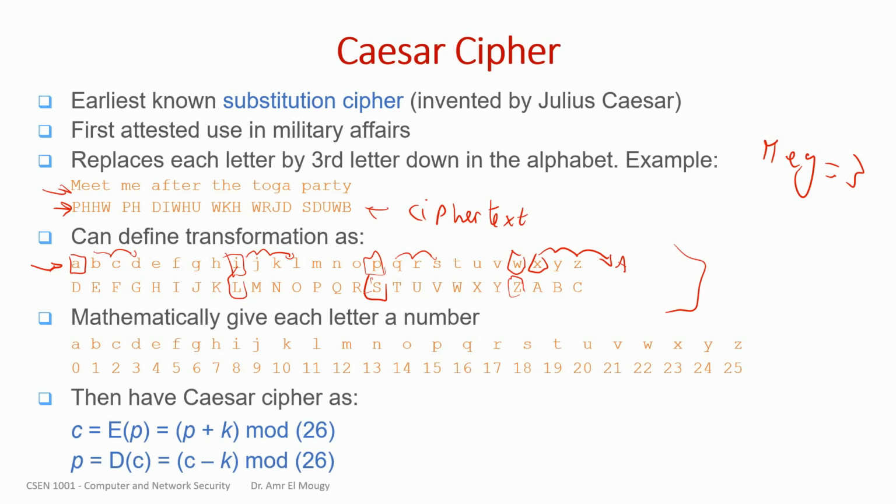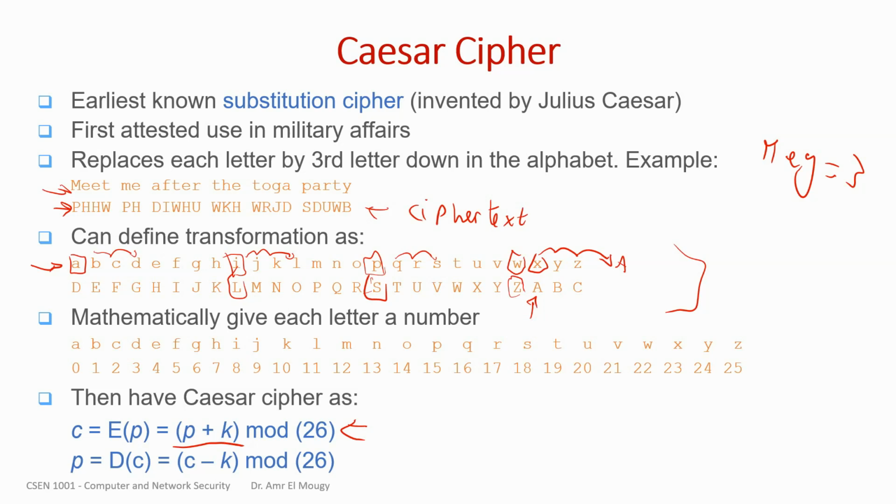Generally speaking, the Caesar cipher is C, the letter of the ciphertext, equals P plus K, where P is the letter of the plain text plus the key, and you do mod 26 because you only have 26 letters in the alphabet. Mod 26 ensures that if you run out of letters, you cycle back from the beginning, just as we saw with X substituted with A, Y with B, and Z with C.